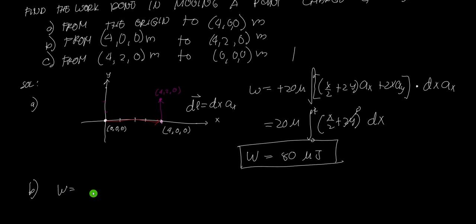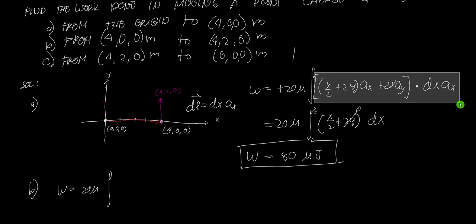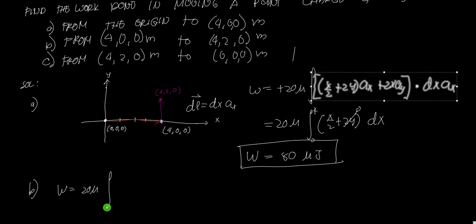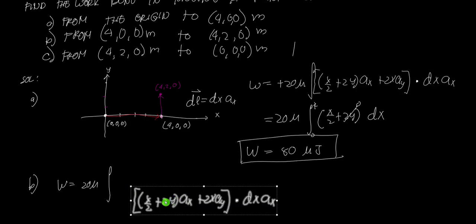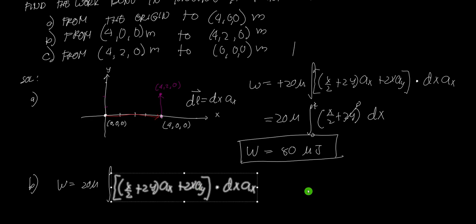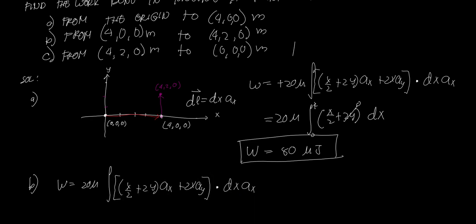So W will be equal to 20 micro, the integral of, you can just copy this one again. Paste it here. But this time, this DL will be different because we have length in the y direction.